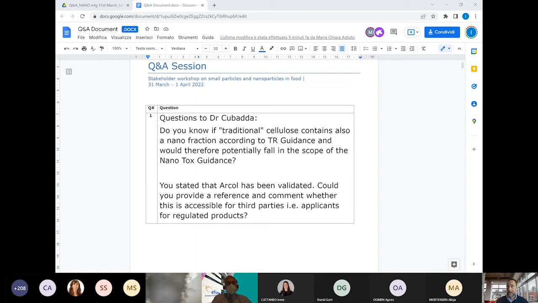This group also has extensive experience with simulated in vitro gastrointestinal digestion. I will be happy to share with who posed the question any information about this group and how to get in contact with them.